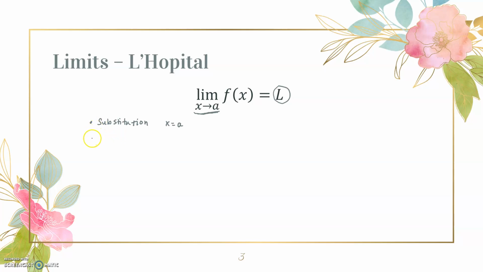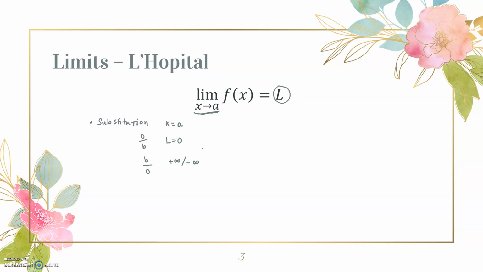If it doesn't work, you might wind up with 0 over some number, which means that your limit is 0. You might wind up with some number over 0, in which case your limit is either positive infinity or negative infinity.